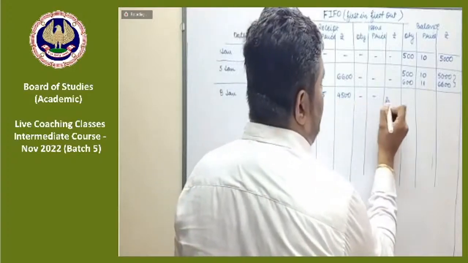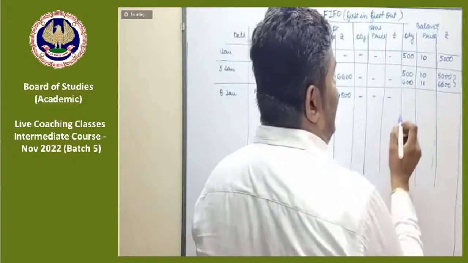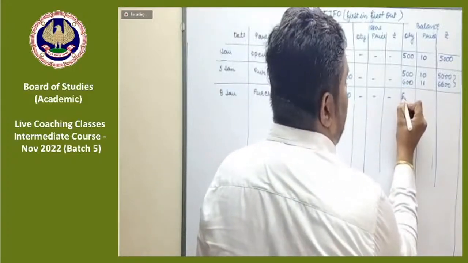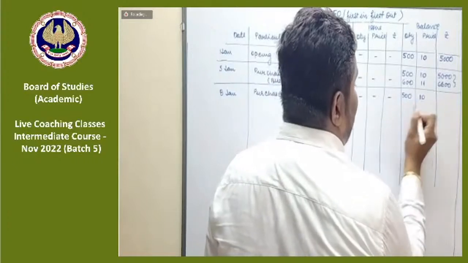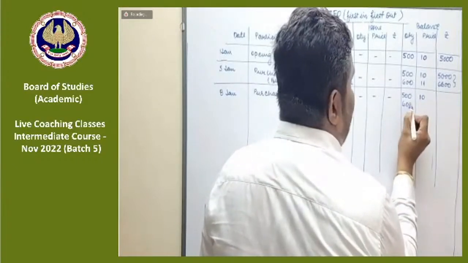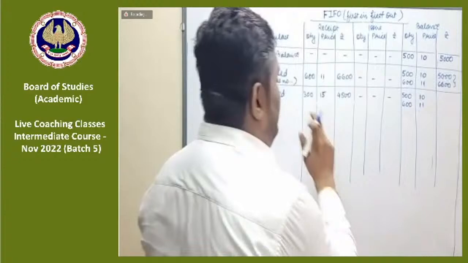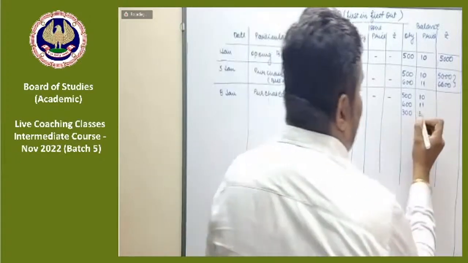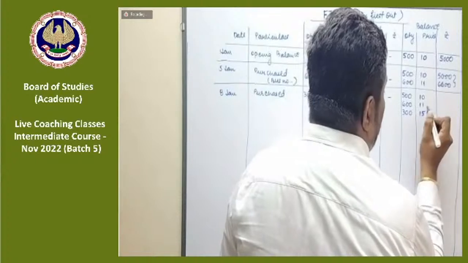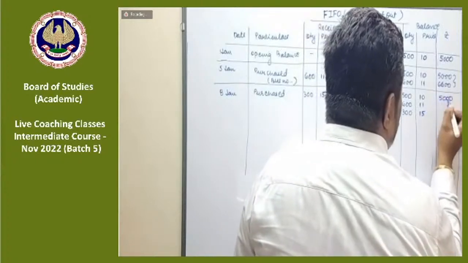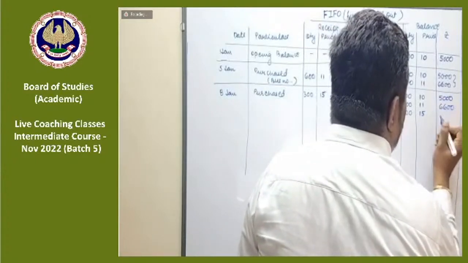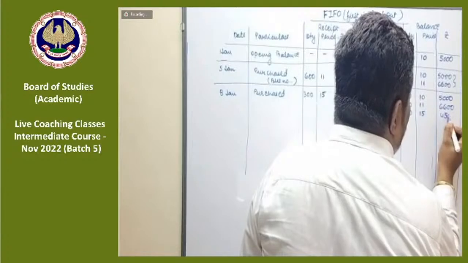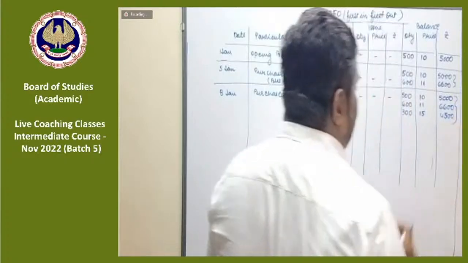And since there is no issue, so when talking about the balance part, it will be 500 pieces at the rate 10, 600 pieces at the rate 11, and 300 pieces at the rate 15. So total 5,000, 6,600 and 4,500. This is the balance of material we have.